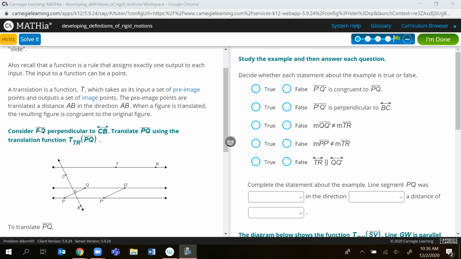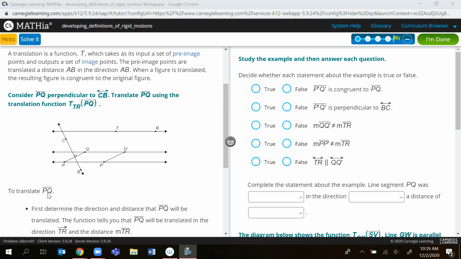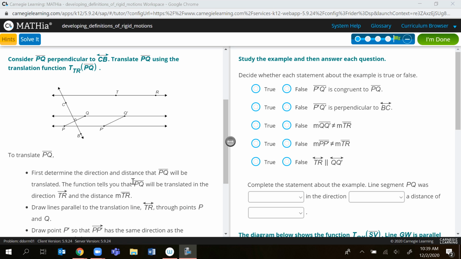Consider the line segment PQ, as I can find right here, perpendicular to CB, because it has a little square there. Translate PQ using the translation function T_TR. To translate PQ, first determine the direction and distance that PQ will be translated.